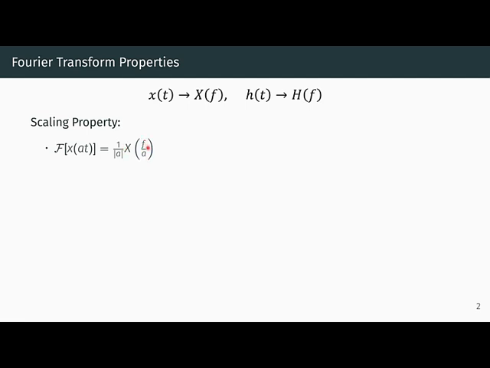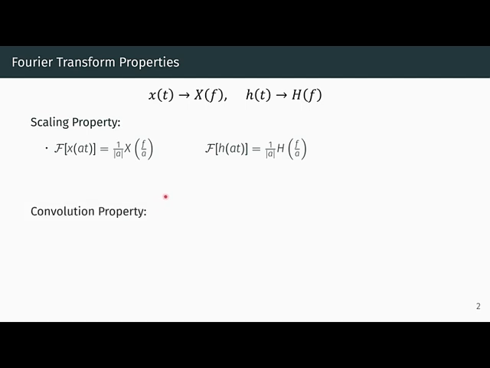So in the frequency domain, it gets scaled by a factor of 1 by a. If a is the scaling factor in the time domain, 1 by a would be the scaling factor in the frequency domain. And similarly for h of at, the Fourier transform would be 1 by mod a times H of f by a. The same rule applies here. I have written that explicitly, but that's okay.